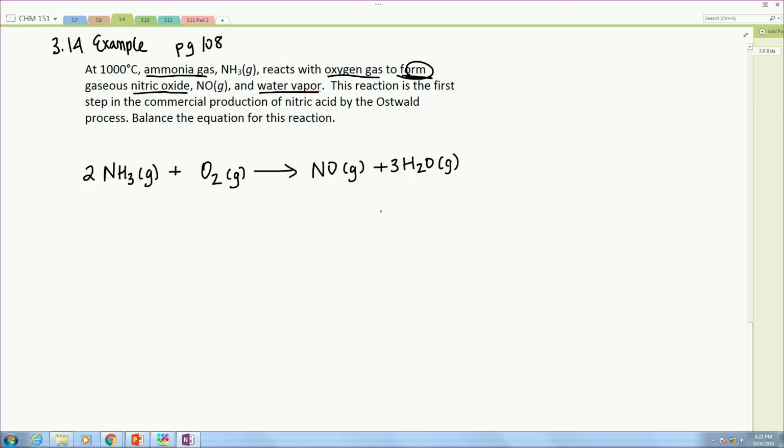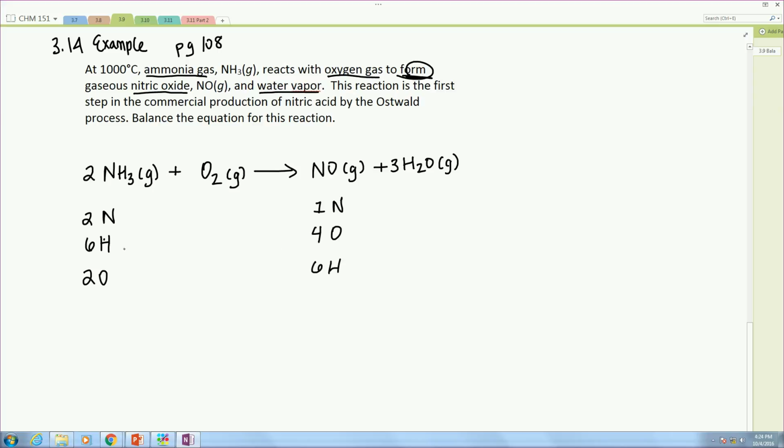So now we've balanced our hydrogens, but how has that changed the rest of our equation? So then we just need to check. So we have 2 nitrogens, 6 hydrogens, and 2 oxygens. Over here, we have 1 nitrogen, 4 oxygens, so that's 1 oxygen here, 3 here, and we have 6 hydrogens.